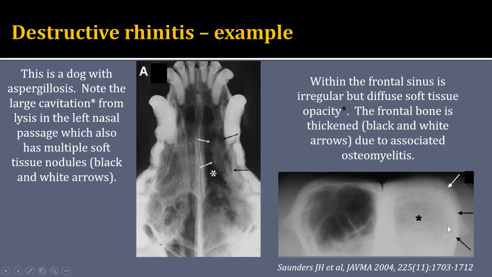The bone oftentimes has findings of osteomyelitis that we've already talked about, where it can be thickened from periosteal reaction. And in the frontal sinus, it's going to happen on the internal part of the bone. So this is our normal right frontal bone. And here, on the image to the right, we have thickening of the left frontal bone.